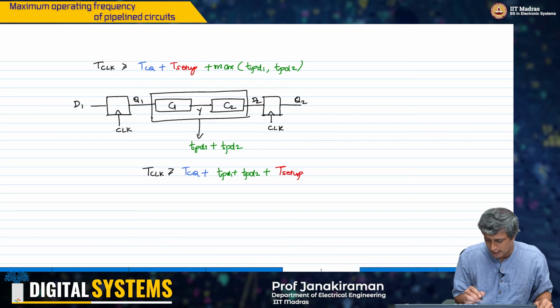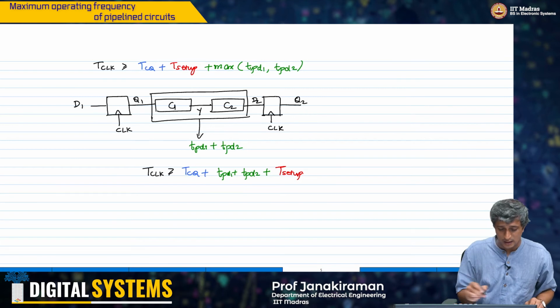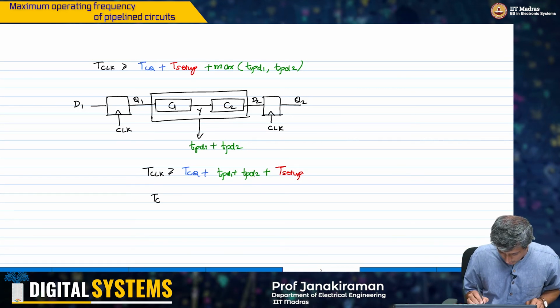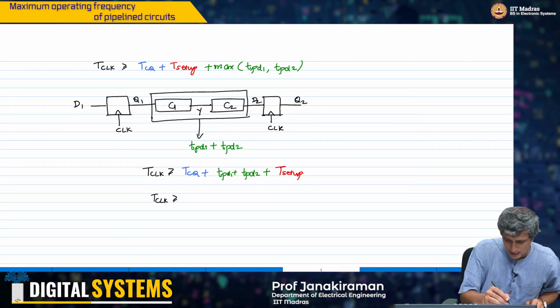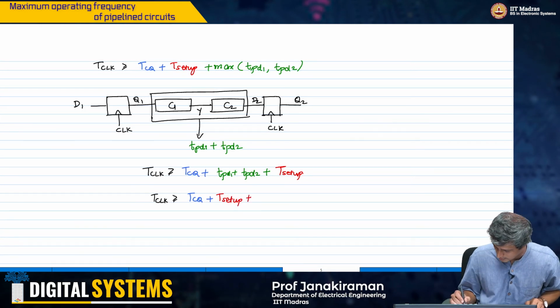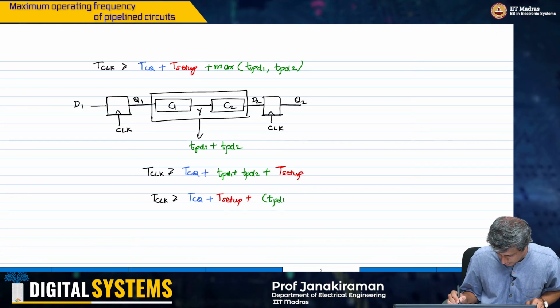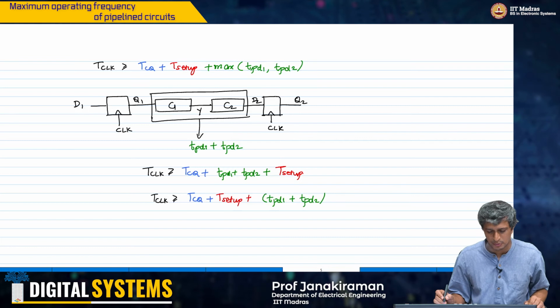And therefore my T clock is going to be determined by, so T clock is greater than, I will rewrite this slightly, TCQ plus T setup plus TPD1 plus TPD2, right? So let's take some sample numbers here.